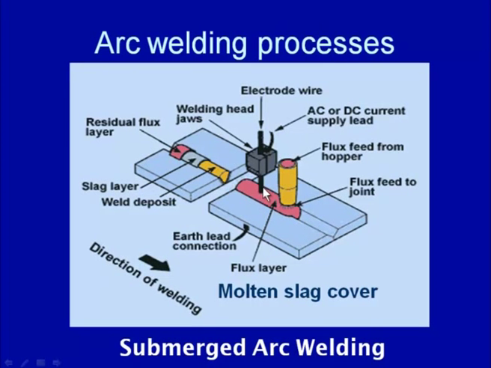Heat generated by the arc melts the flux cover, and the molten flux forms a cover all around the arc, and that is how it protects the weld pool from atmospheric contamination.